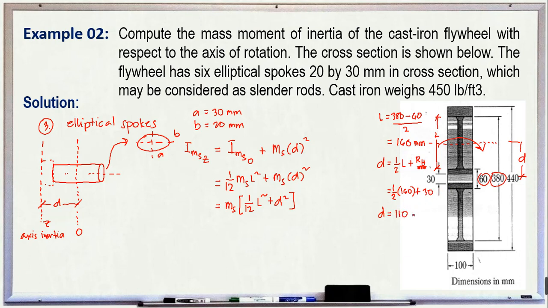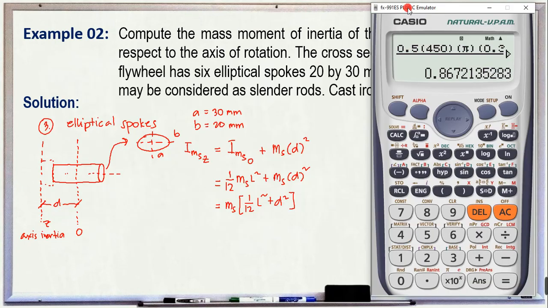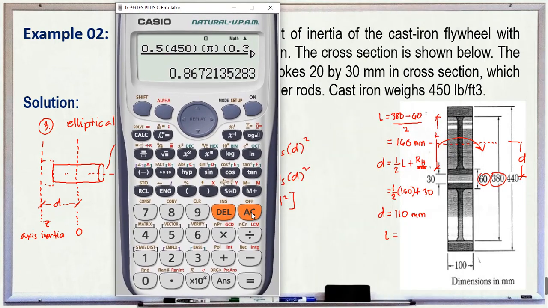So 110 mm. Okay. How about the mass of the spoke? Here we solve again. We also need to convert our length and D. So we convert L into foot, just following our conversion units.